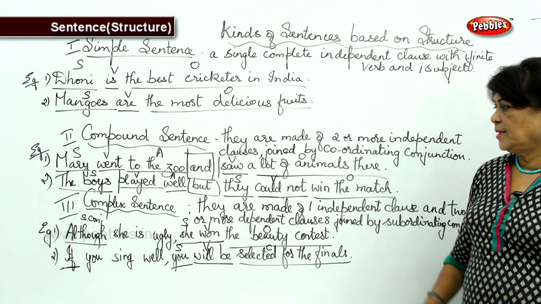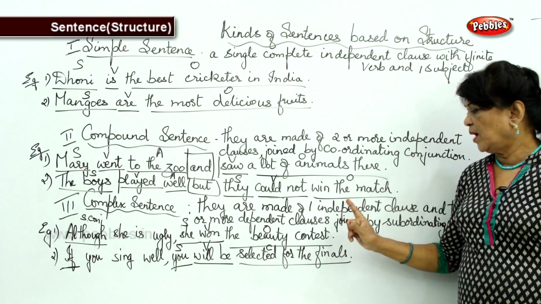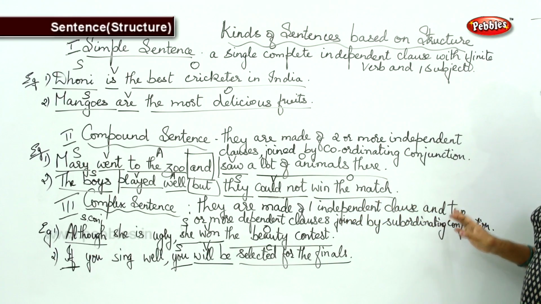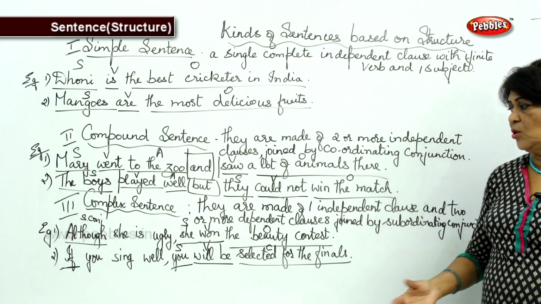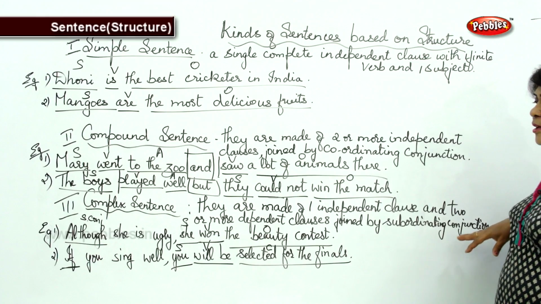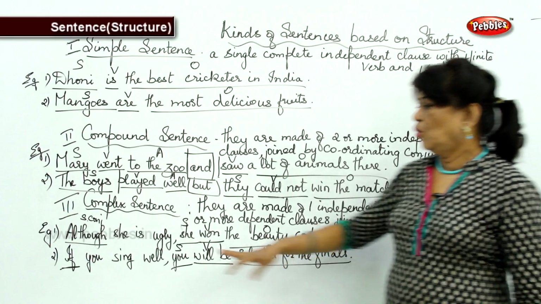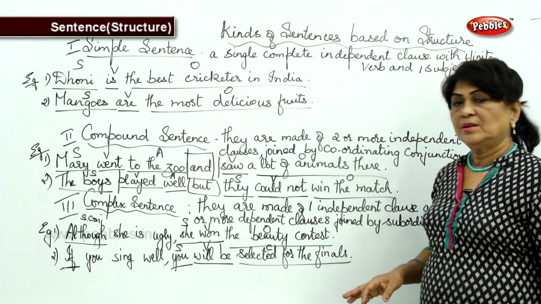Okay. Next one. Complex sentences, they are made of one independent clause and 2 or more dependent clauses or subordinate clauses joined by subordinating conjunctions. Although she is ugly, she won the beauty contest. Okay.